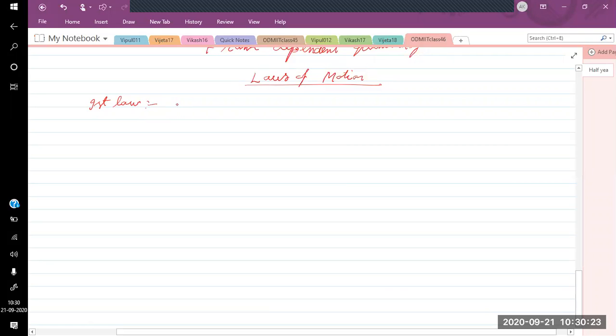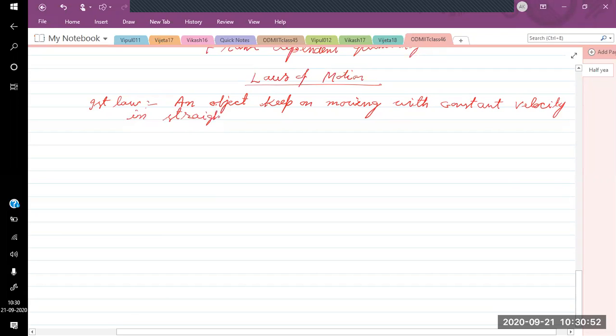So we will write like this: an object keeps on moving with constant velocity in a straight line if the net force on it is zero.